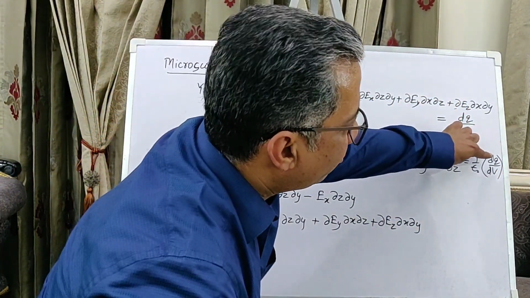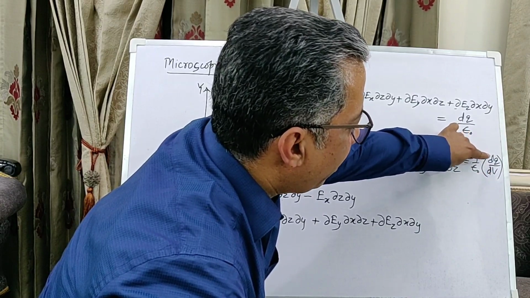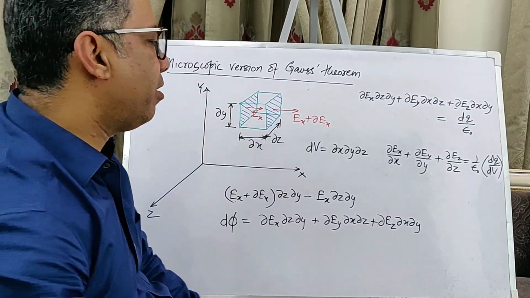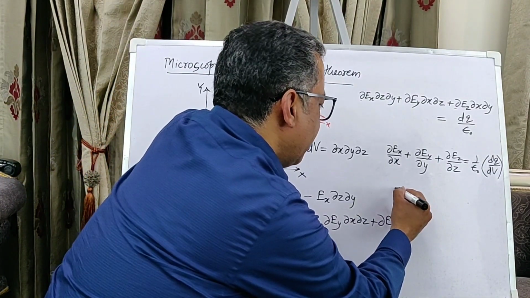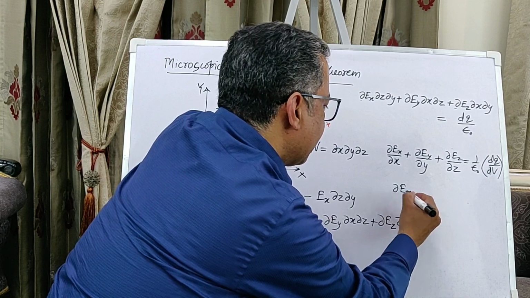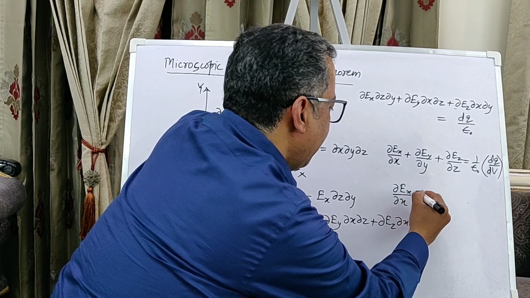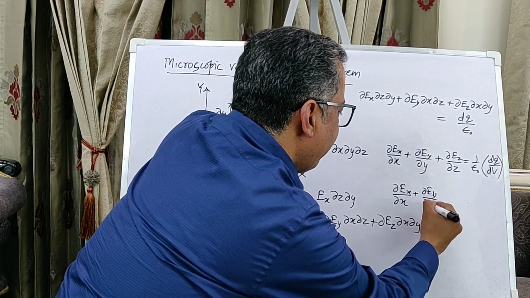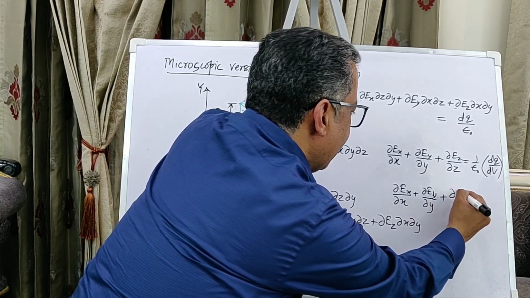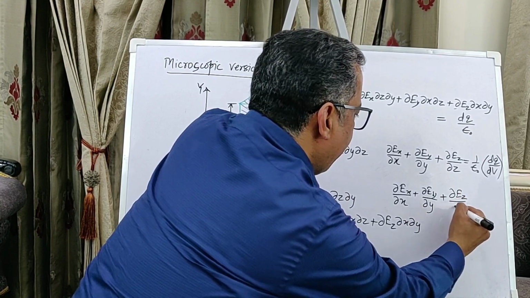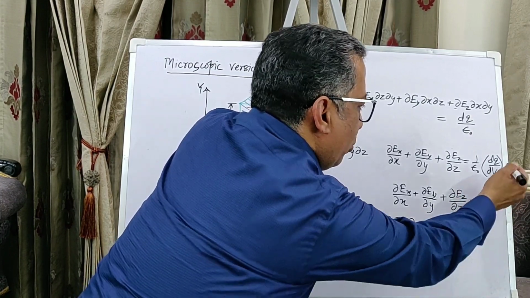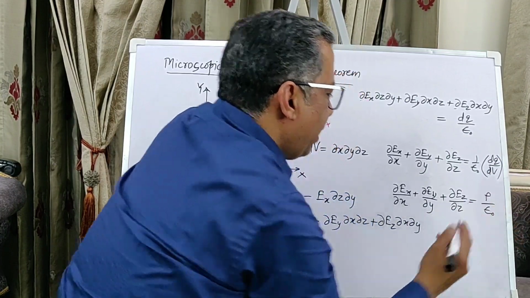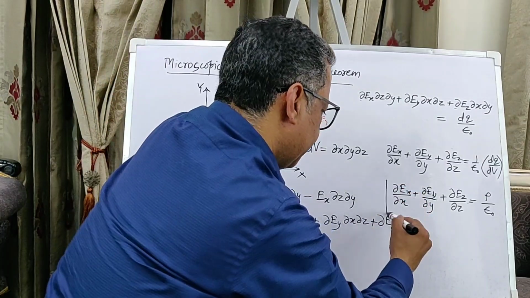Now the charge dq in this volume dV, when you divide dq by dV, you get the volume charge density inside the cube, and therefore you now have del Ex by del x plus del Ey by del y plus del Ez by del z, and it equals the volume charge density rho divided by epsilon naught.